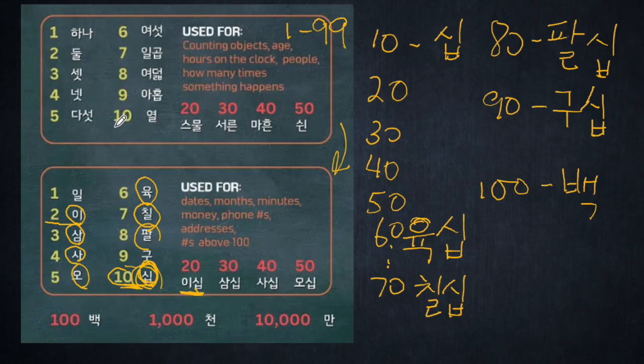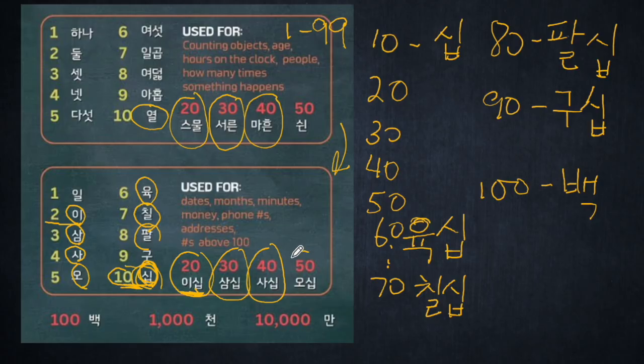Okay, and it's a lot easier because here 10 is 열, 20 is 스무, 30 is 서른. They're all different. 40 is 마흔. But here, if you look at it, 20 is 20, 30, 40, 50. Now, 100 is 100. These, of course, because it only has until 99. So there's only one.